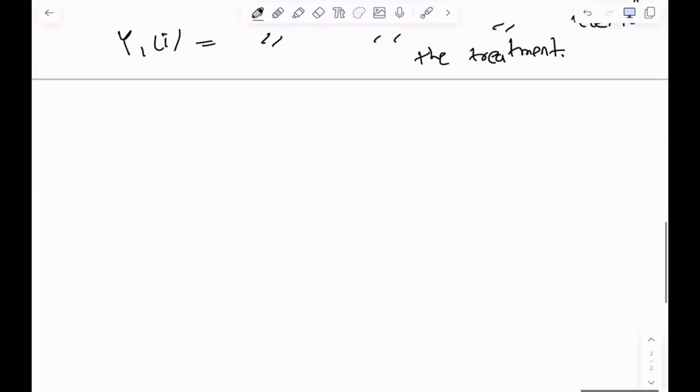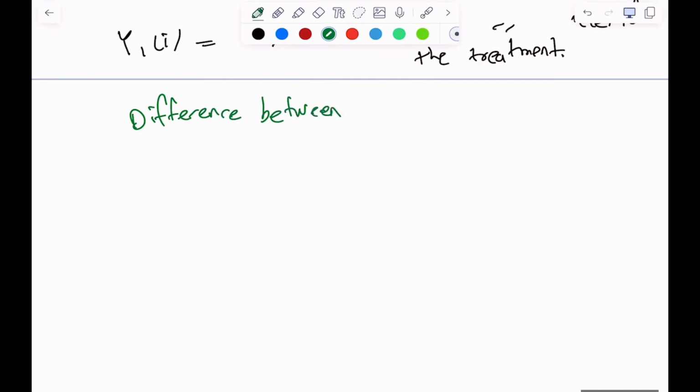Now, what makes it a little bit more complicated? The question you may ask yourself is, okay, I got this one, then what's the difference between potential outcome and observed outcome? Let's talk about this. One thing you need to understand, and it's super important, is that potential outcome exists before you even start the experiment, before you even start the study.